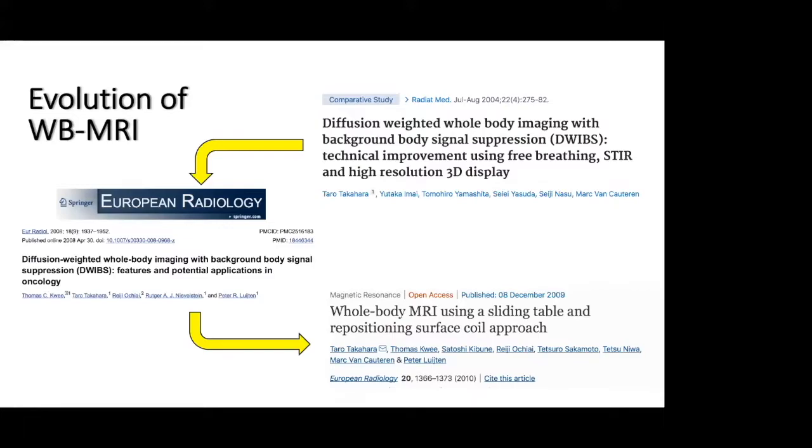He quite quickly started collaborating with another group from Utrecht in the Netherlands, and they collaborated quite a bit in optimizing the technique and gaining the first experience in oncology. They published a paper in 2008, almost 4 years later, showing the first examples of how we can show tumor in patients using this technique.